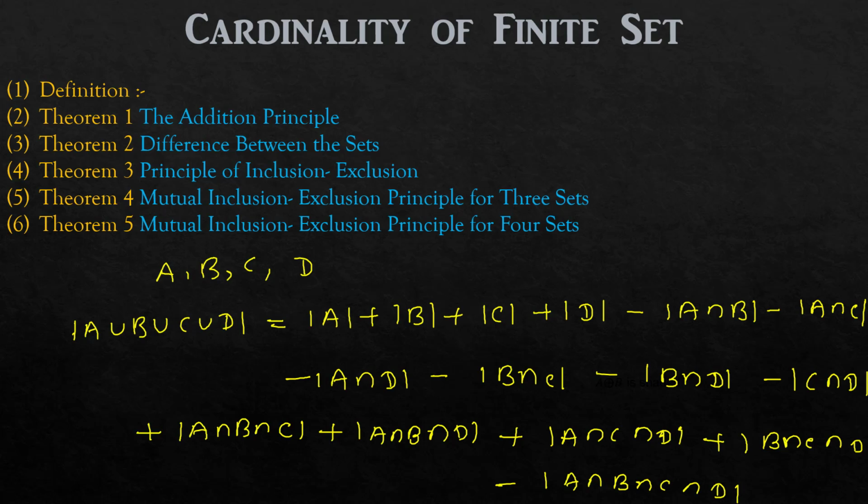So this is the mutual inclusion exclusion principle for 4 sets.